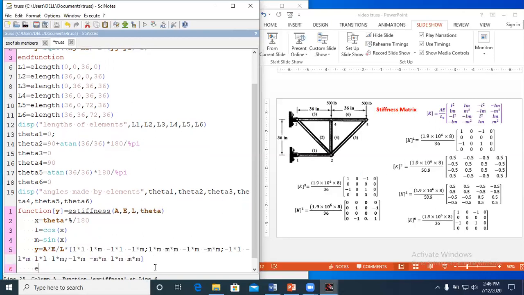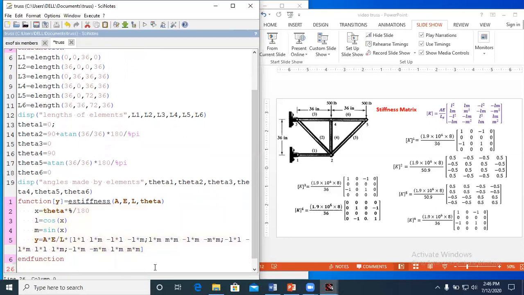Now write the end function. Next, calculate K1 by calling the function for the stiffness matrix of the first element. K1 is equal to you call the function E stiffness.